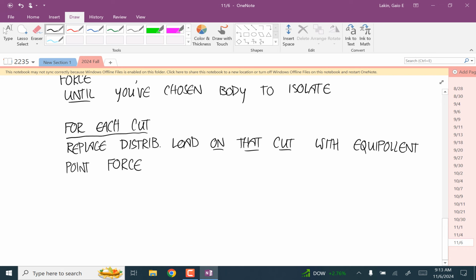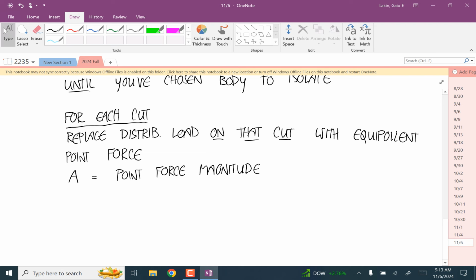And so remember that the rule for that is the area of the distributed load shape is the point force magnitude, and the horizontal centroid location is the location of that point force.